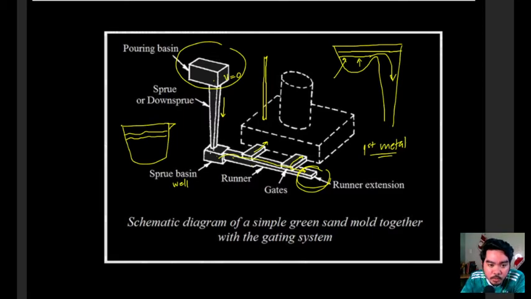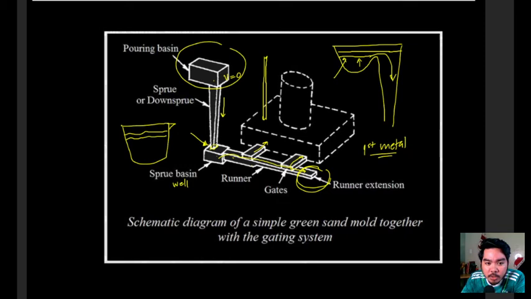Okay? So, in this diagram, ito yung choke area. It is the area at the bottom of the sprue. So, kung gaano siya kalaki or gaano siya kaliit, it dictates kung gaano kabilis or gaano kadaming metal ang nagpo-flow into our casting.